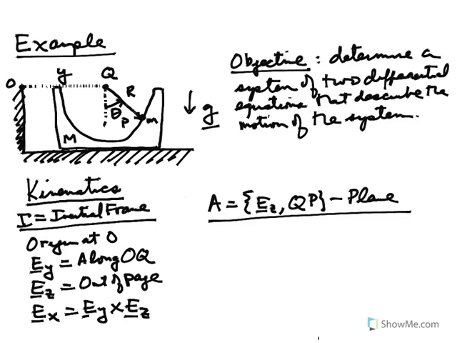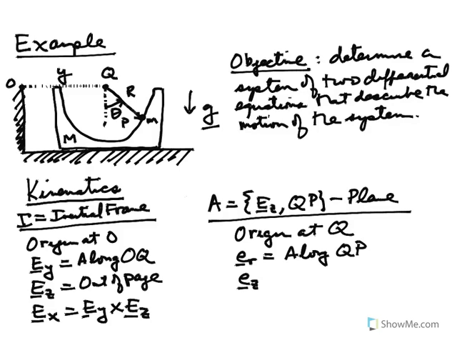We could have used the wedge, but it would have added an unnecessary amount of complexity because Y measures from O to Q. So we're going to put the origin of this coordinate system at Q. We're going to put ER along QP. EZ is going to be the same as big EZ, and then E theta is going to equal EZ crossed with ER.